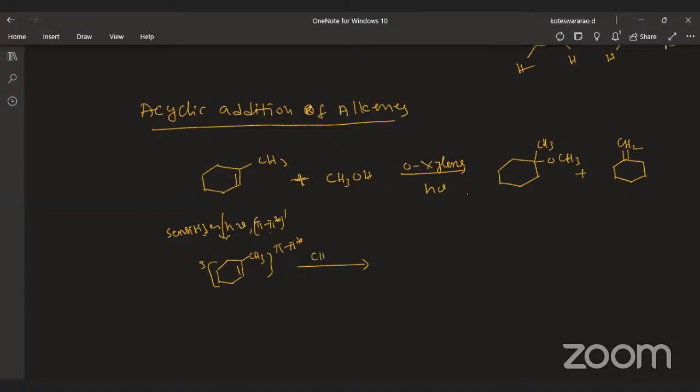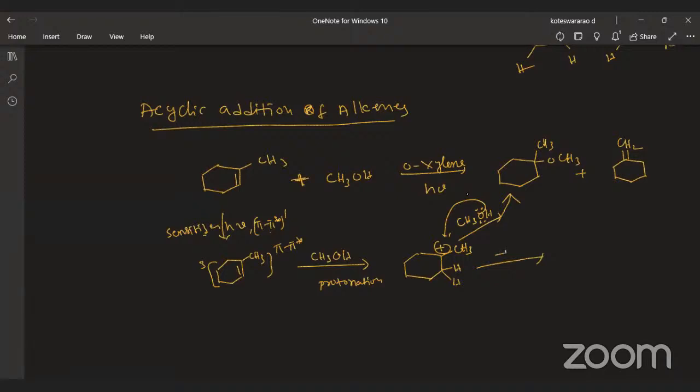In the presence of methanol, it undergoes protonation, then forms a cation type intermediate. Then another molecule of alcohol donates the lone pair on its oxygen, which leads to the formation of this product, right?